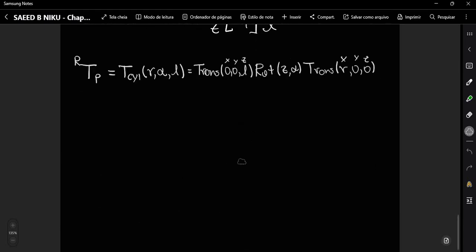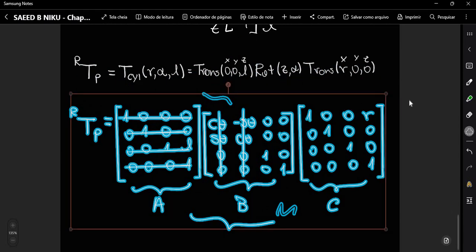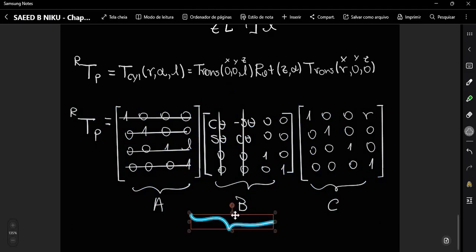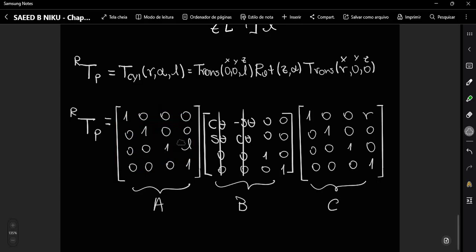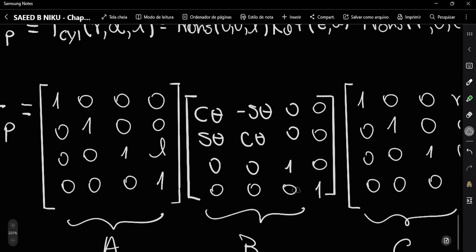And now you know how the process is done. Let me erase this. And right here, of course, is alpha.